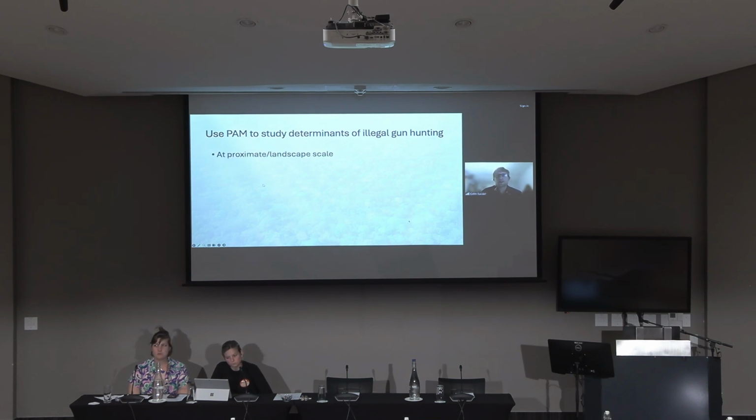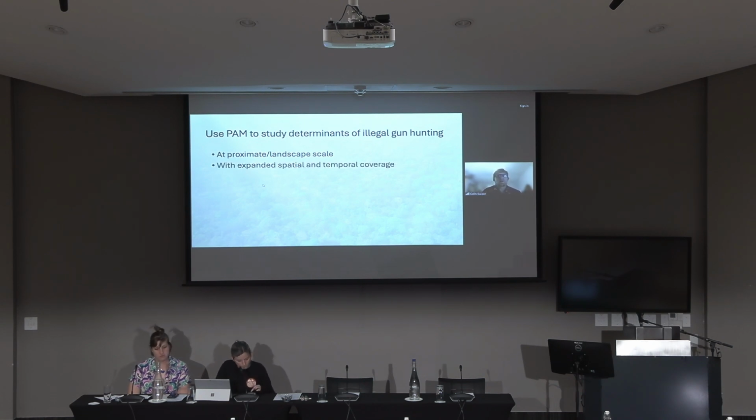That's great information to have, but it doesn't really help with predicting poaching on the ground and planning patrol routes. So we're trying to use PAM to identify the more proximate environmental predictors of gun hunting that could aid law enforcement. For example, are these activities occurring closer to certain landscape features like rivers and roads?